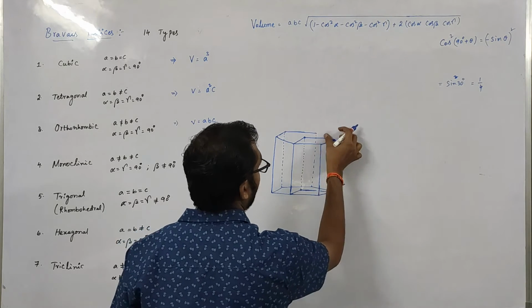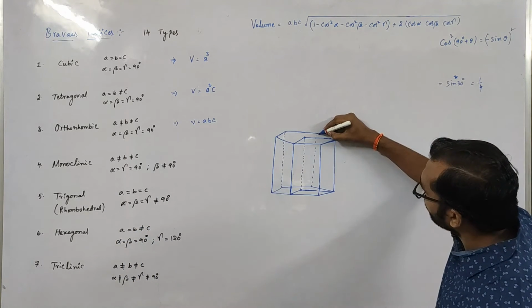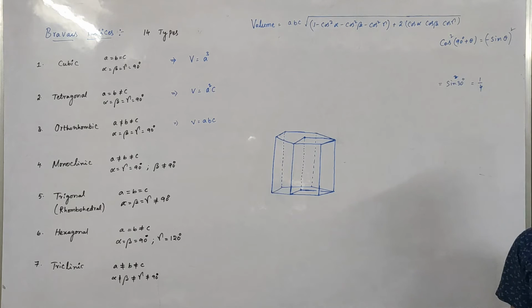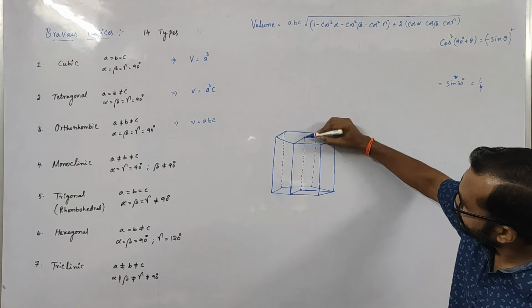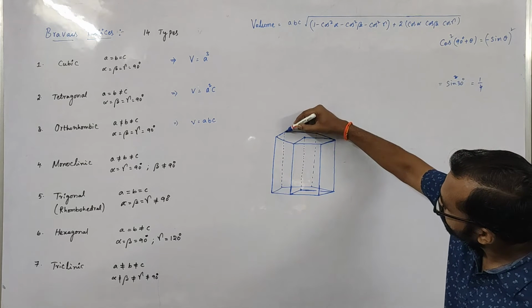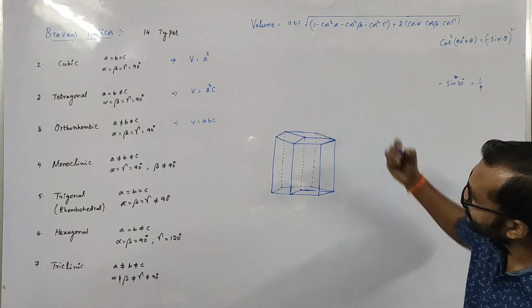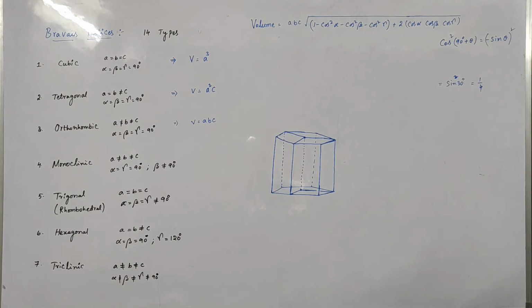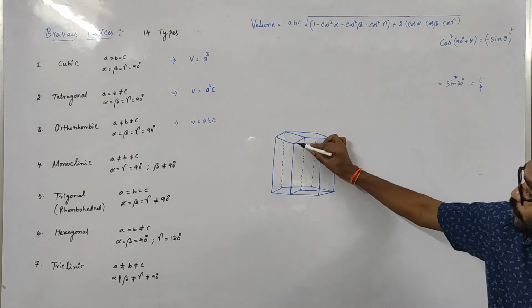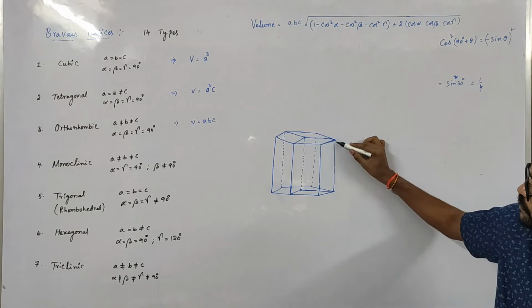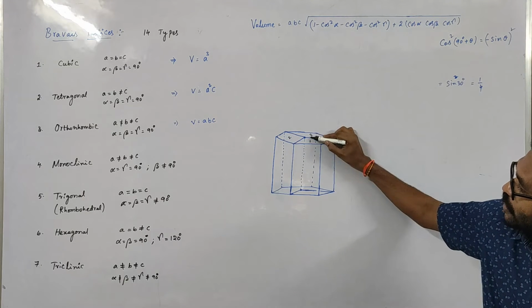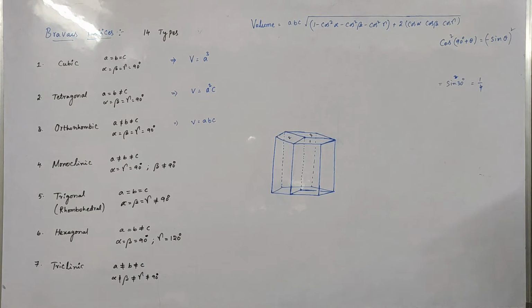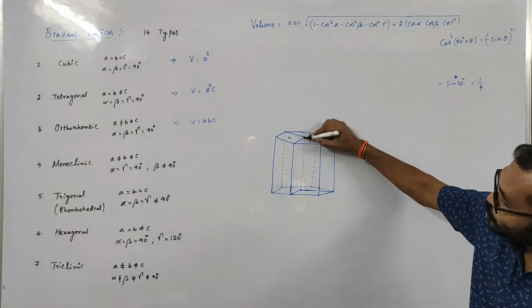This is nothing but 1/3 of this total hexagonal form. Here also you get a similar one, and you get 3 such geometries. This is one cuboid form, this is the second cuboid, this is the third cuboid. So hexagonal is nothing but 3 times of this cuboid form.